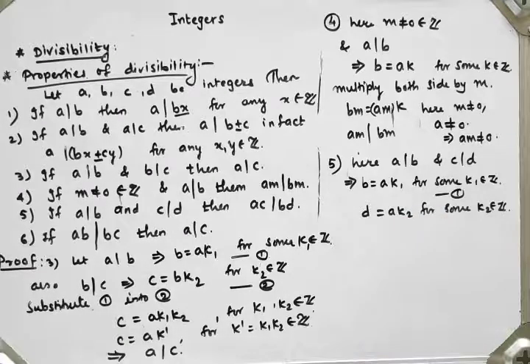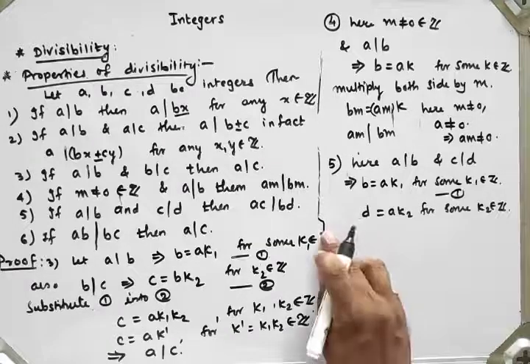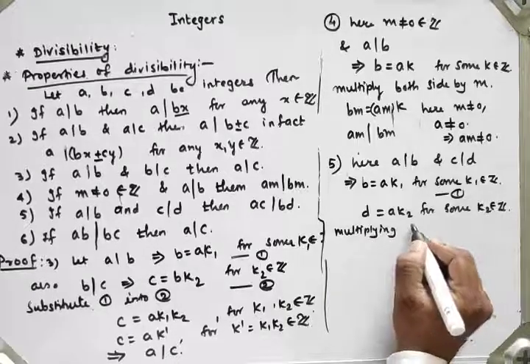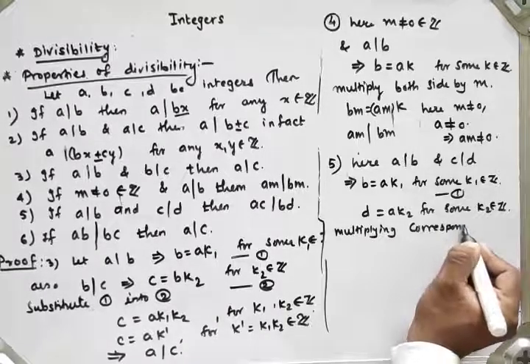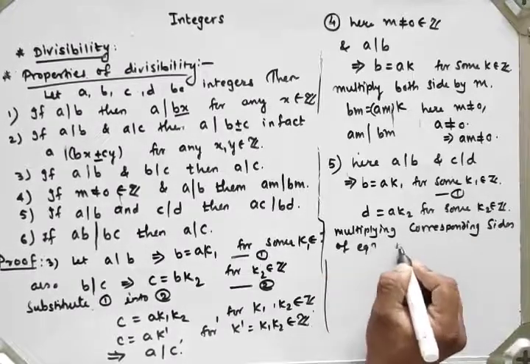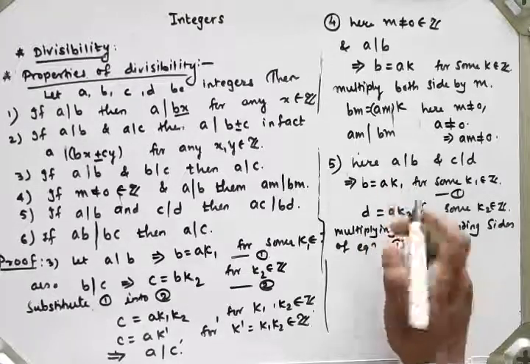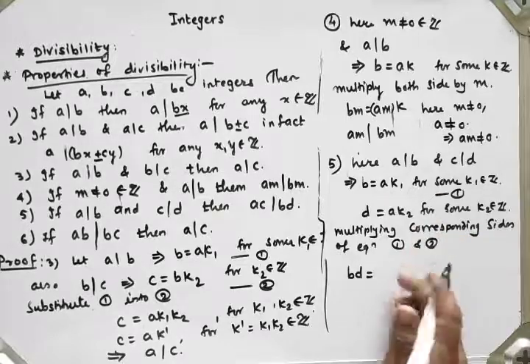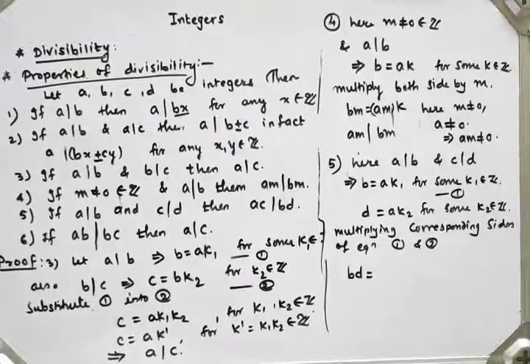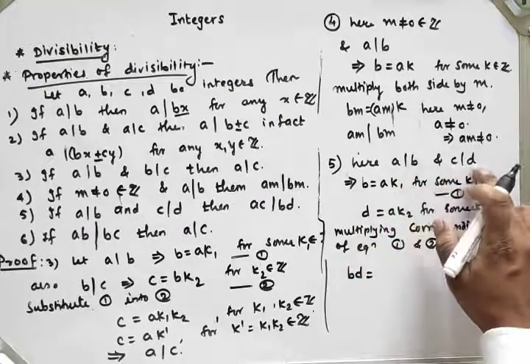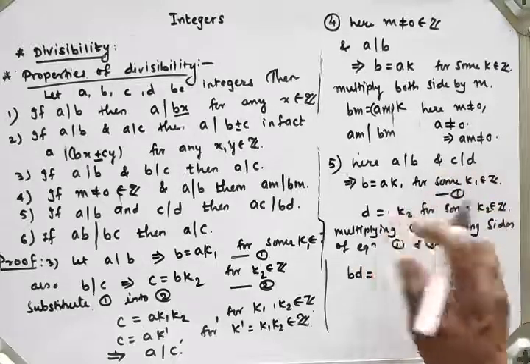Now multiply the corresponding sides of equations 1 and 2. So what will we get? b into d is equal to, a divides b means b is equal to a into k1, and c divides d means d is equal to c into k2.